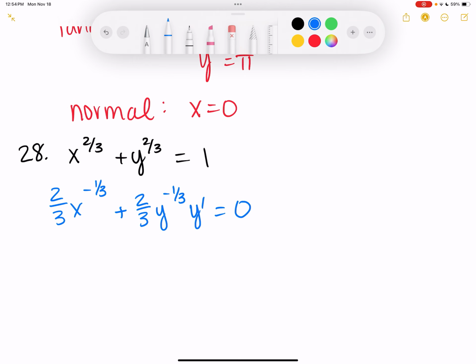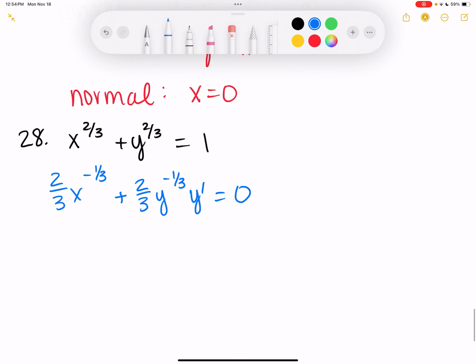All right, so we are going to subtract and divide. I'm going to try to do this all in one step. y prime equals negative 2/3 x to the negative 1/3 over 2/3 y to the negative 1/3. Okay, the 2/3 are canceling.